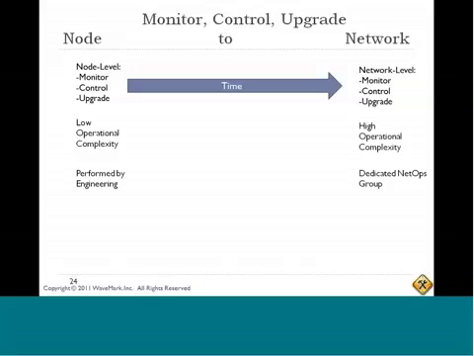Early on at the network level, one could get by having the engineering group or the group that developed the software monitor, control and upgrade this network. When the network grows, it requires a dedicated network operations group whose sole purpose is making sure that this network is up and running.